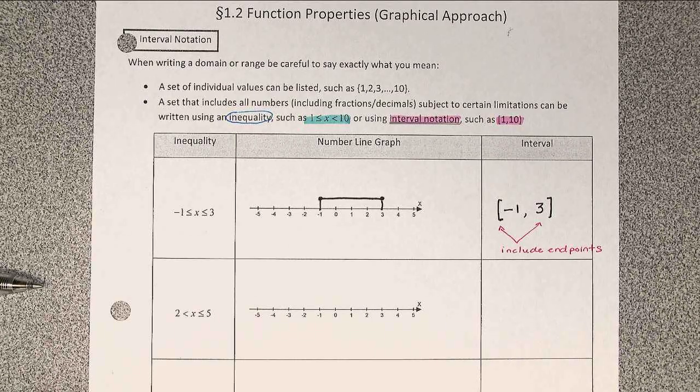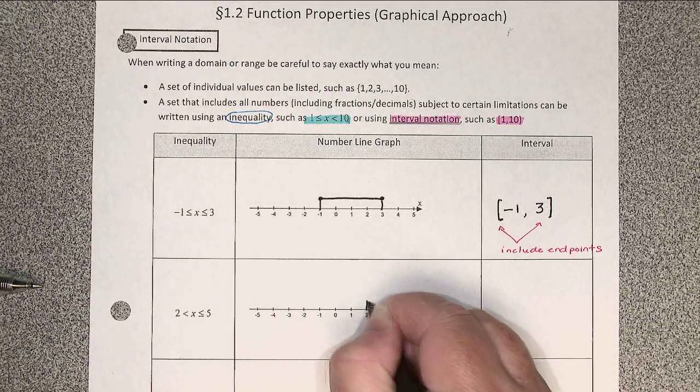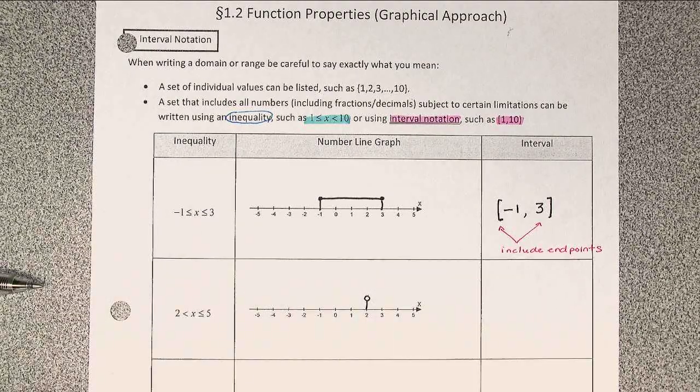All right, in our next example, we'd like to look at all of the x values between 2 and 5. But notice this time we're not including the 2. There's no equal sign on this less than, but we are including the 5. This one is a less than or equal to. I show that on my graph by starting with an open circle.